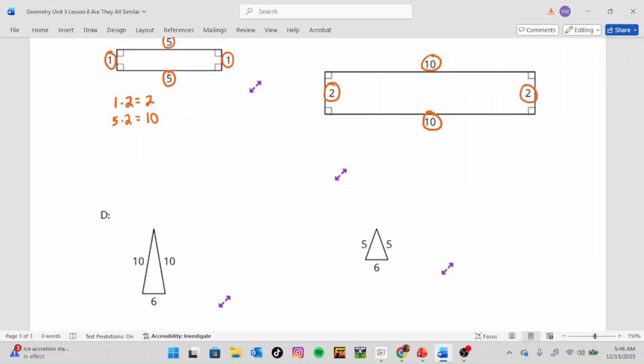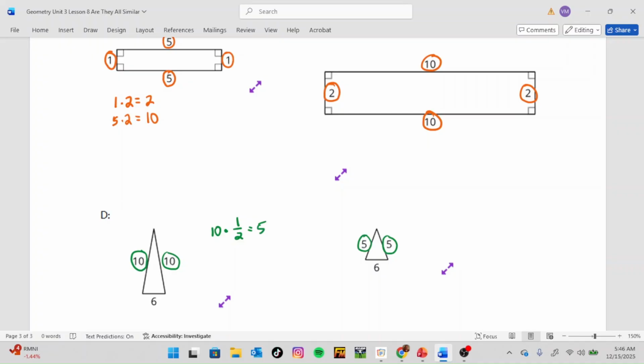On D, I can see that I have isosceles triangles. And on the left, I have these sides of 10, and on the right, I have these sides of 5. Well, 10 times 1/2 equals 5. So that should be our scaling factor, 1/2.